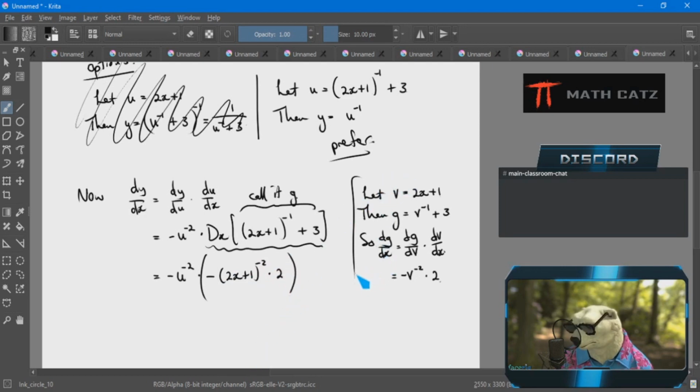Because I've scribbled some stuff on the side, I'm now sure of this answer. Yes, I still need to replace what the u is. U is up there, doesn't look great, I agree. Nice big brackets. 2x plus 1 to the negative 1 plus 3 is what u is to the negative 2.